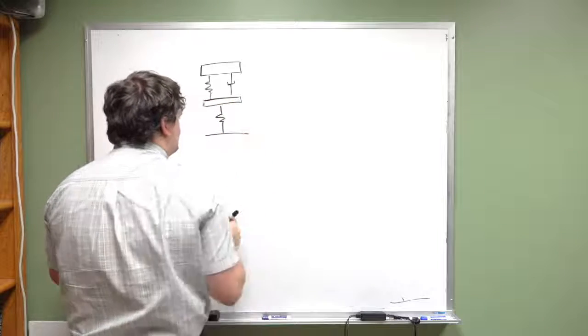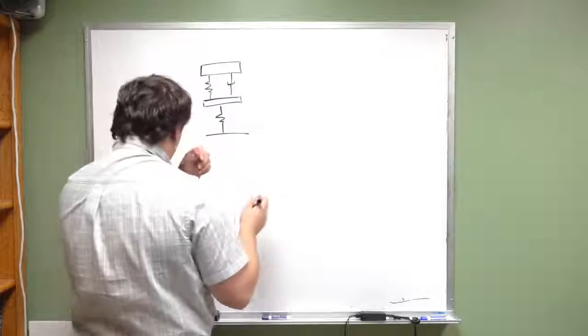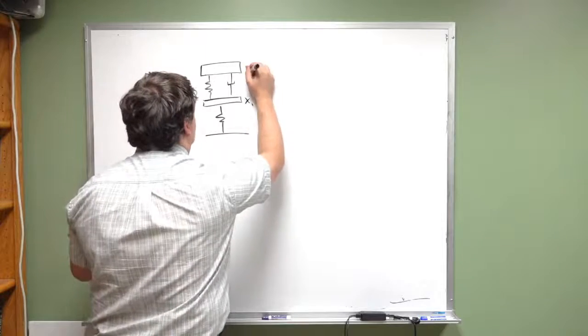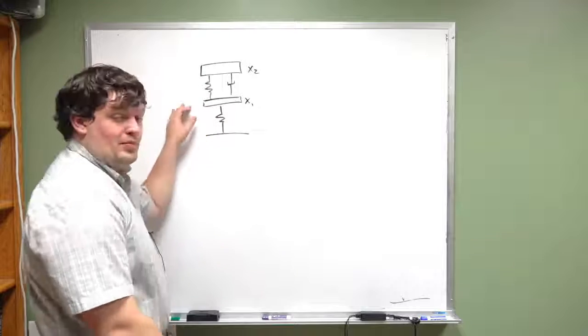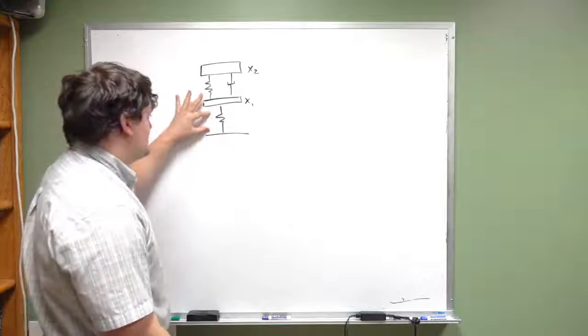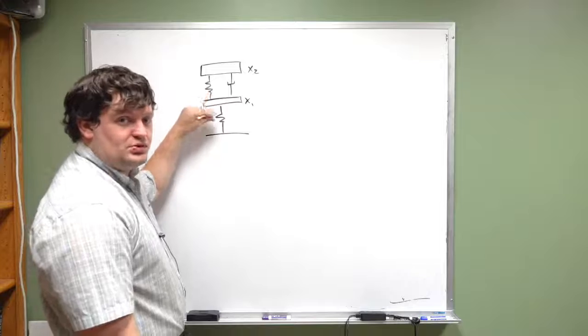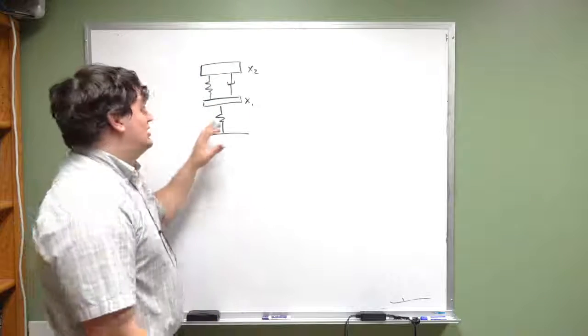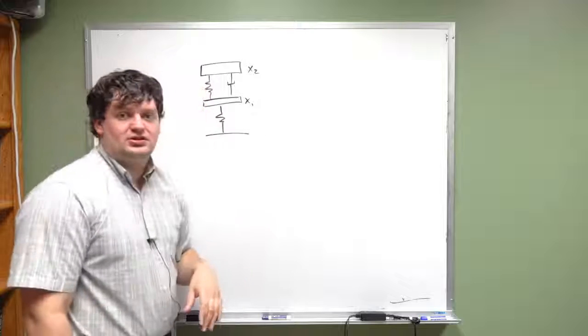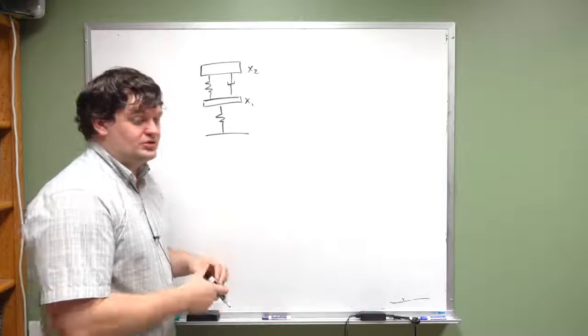This is a very simple model of a suspension system where you have a massless axle. This represented the tire. This was a spring that represented the tire, and then you had a spring and damper that connected the axle to the body of the vehicle.